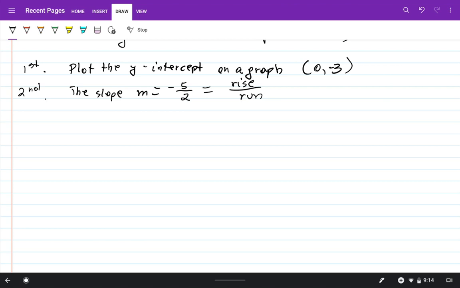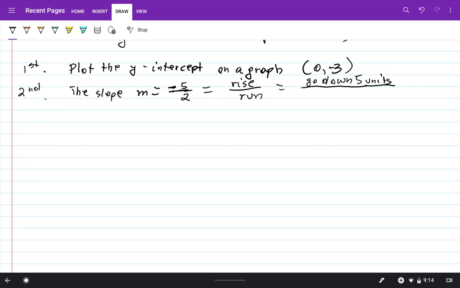So in this case, because when I have a negative slope, I like to put that negative in the numerator. So my rise, when you have a negative number, then you will go down. So that means go down 5 units. And I'm going down because of the negative 5.